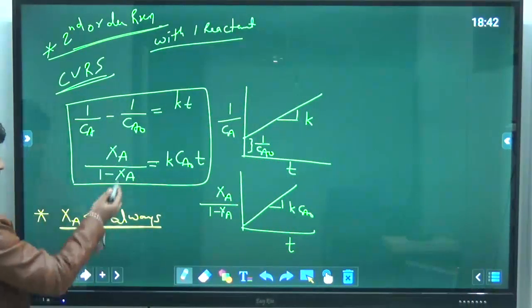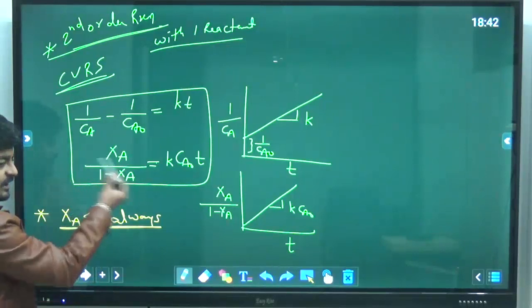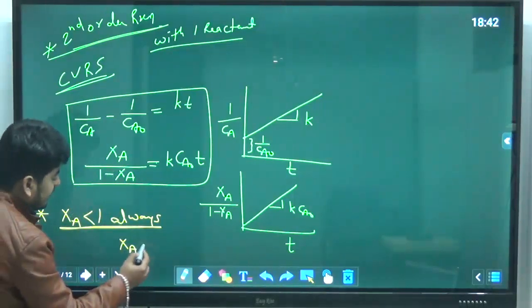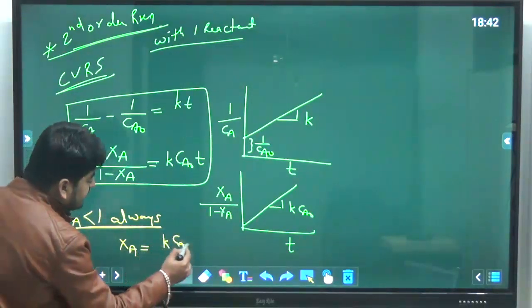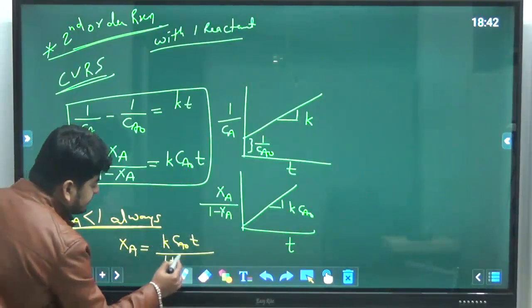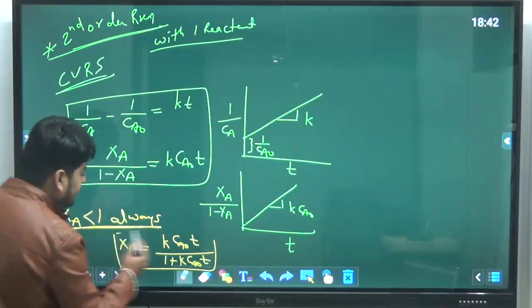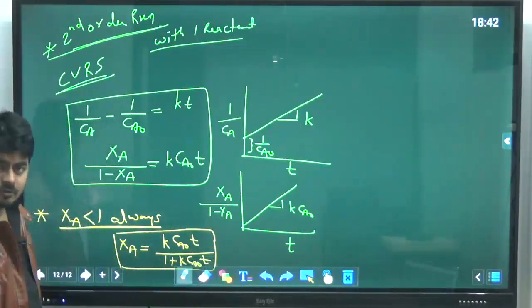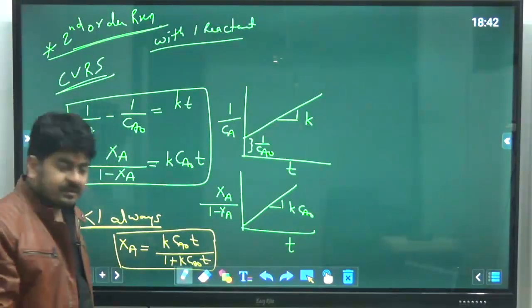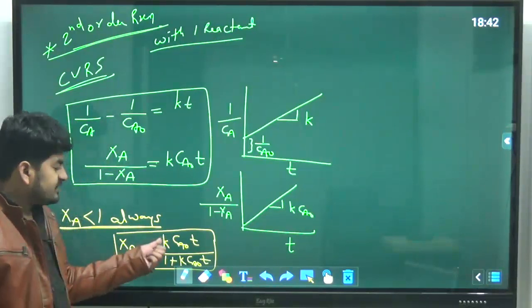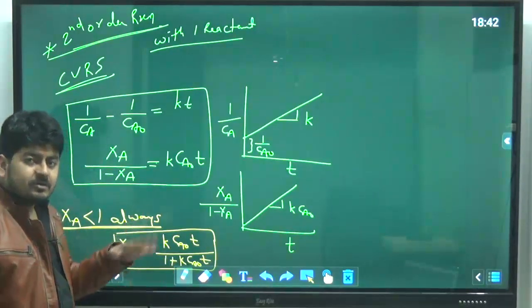Because you can see here, this is the kinetic equation. If you rearrange this, you can write Xa equal to K Ca0 T over 1 plus K Ca0 T. So when it is not possible theoretically, practically there is no chance at all. The numerator is always less than the denominator, so Xa will be less than 1.